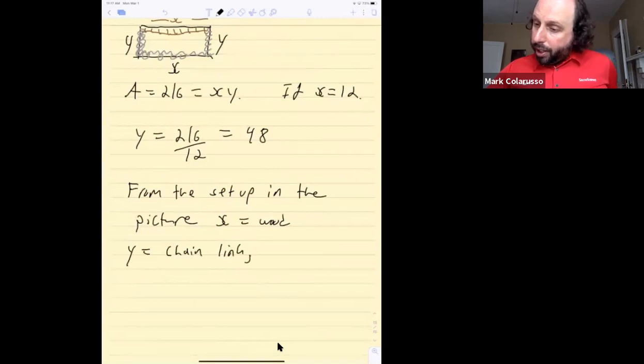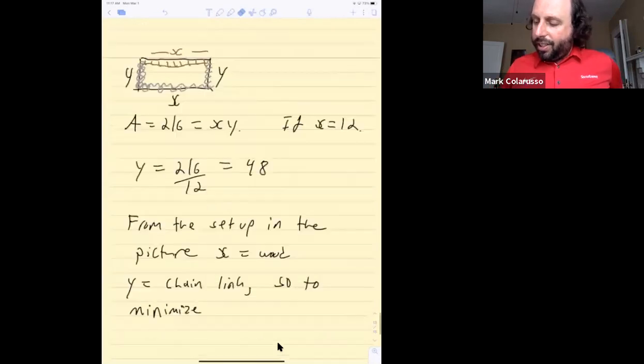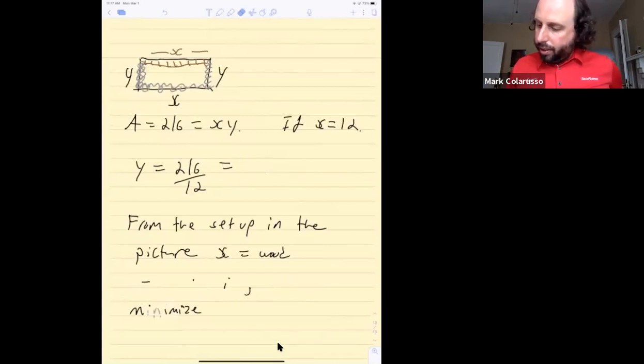So to minimize the cost, oh, sorry, it's not that, sorry. This isn't right. Let me fix this. So the x is wood, chain link is 2y plus x.